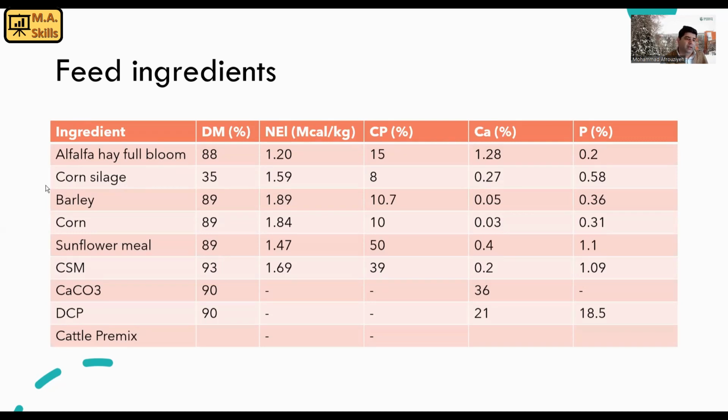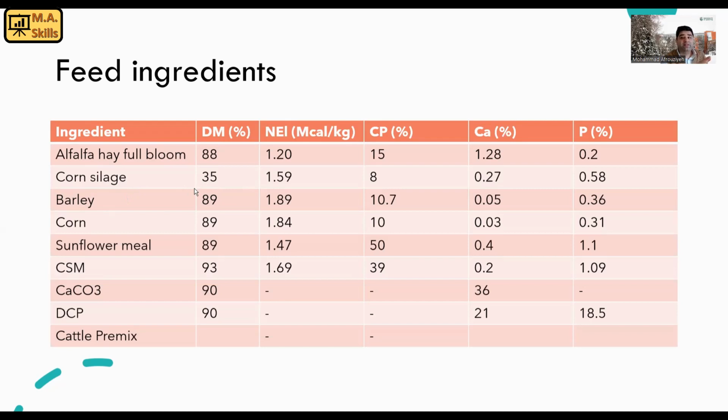The second source of forage here is corn silage. So as you can see, it has just 35% dry matter. It's important.